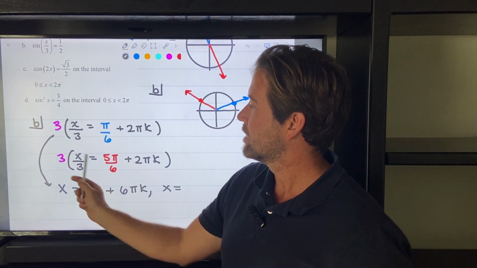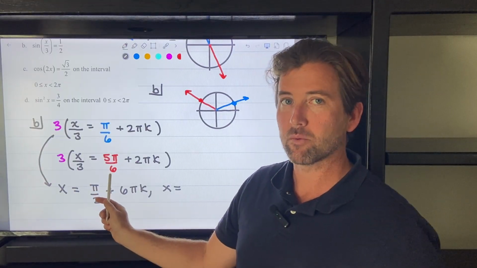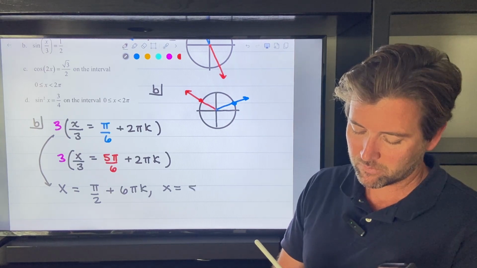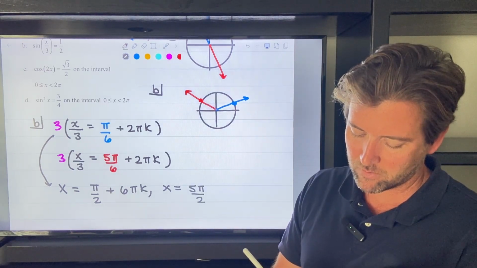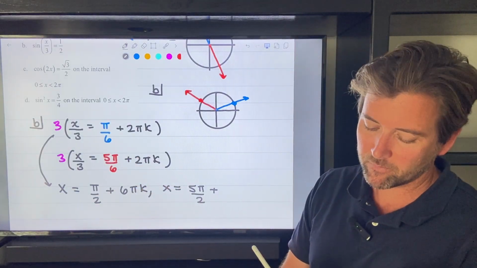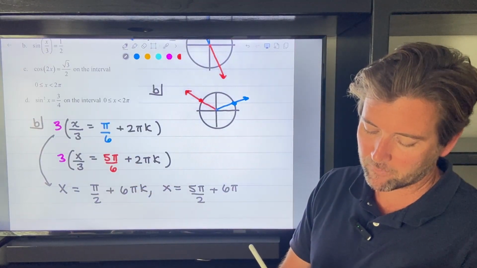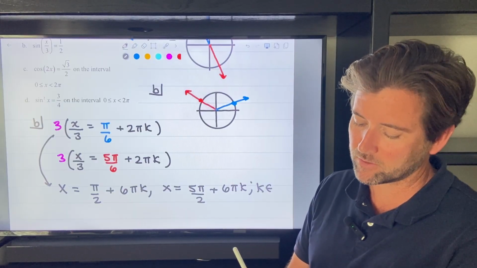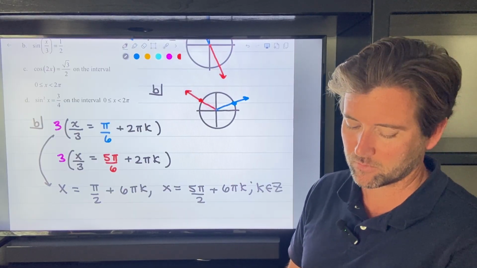You can cancel one of the factors of 3 here. So 6 can be written as 3 times 2. So we get 5 pi over 2 plus multiply 2 pi k by 3, and we get 6 pi k, where k will be an element of the set of integers.